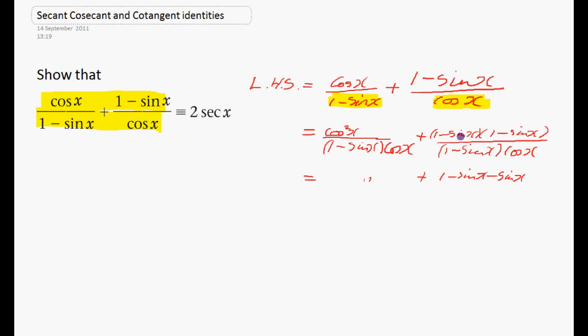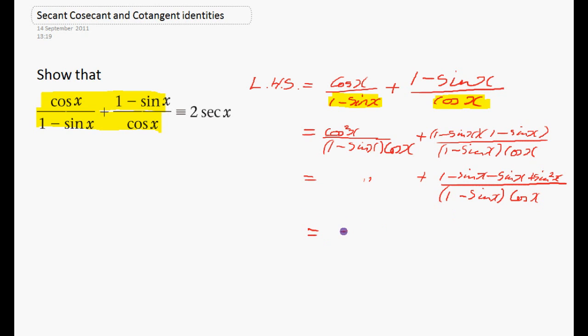And minus sin x times minus sin x gives me a plus sin squared x, all over 1 minus sin x cos x. So let's write that out.